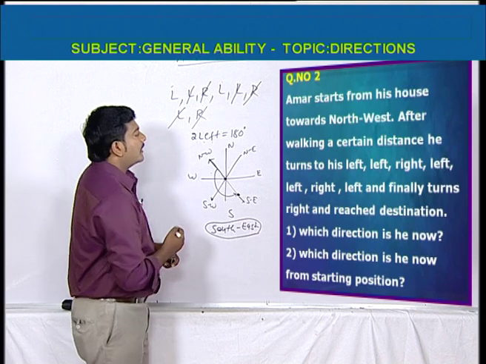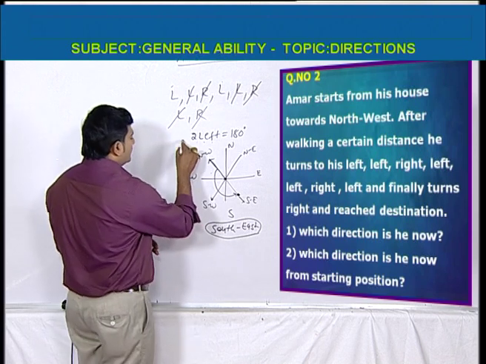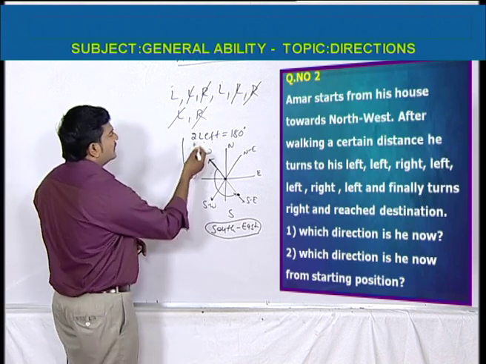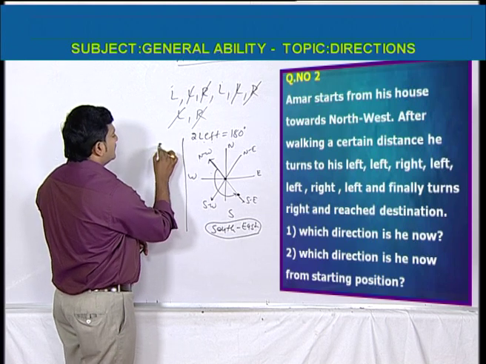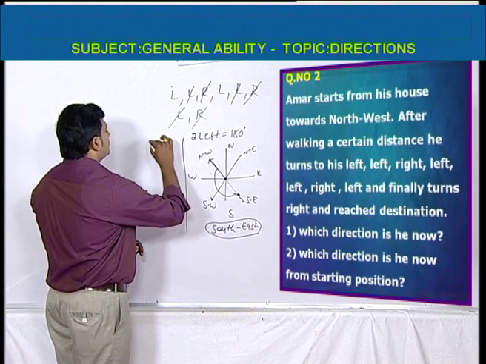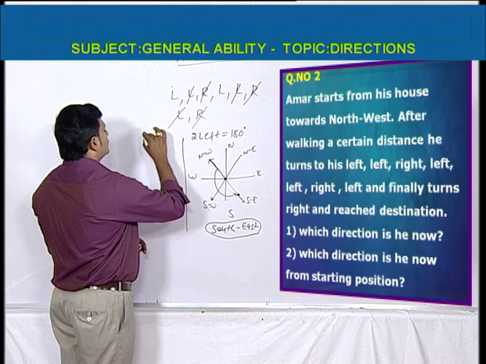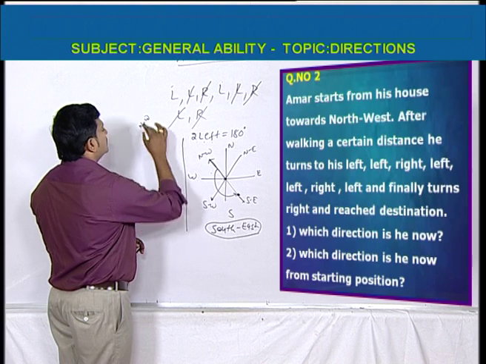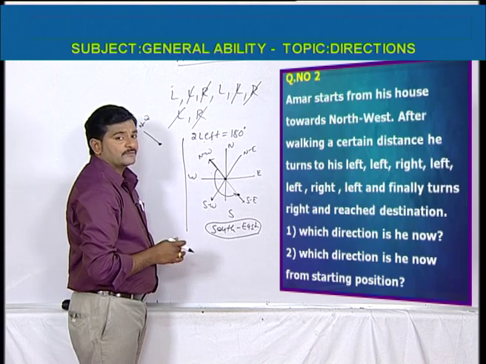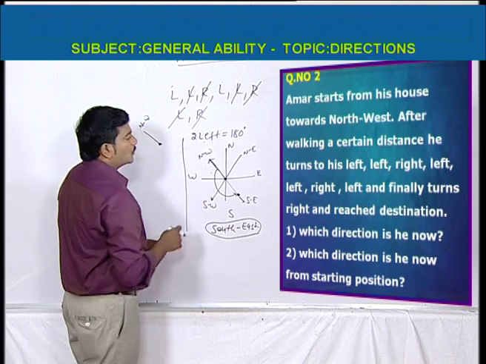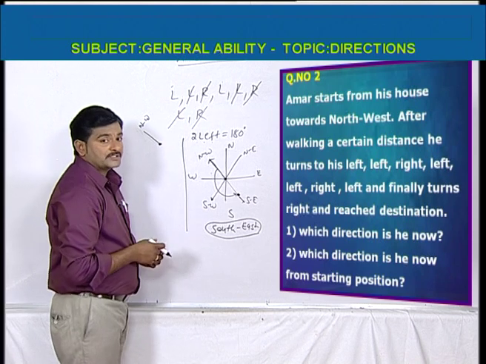For that, we need to take one more logical concept. First, Amar is walking towards which direction? First he is walking towards the northwest direction, right? There is no issue with that. How many lefts are left here? 2 lefts. 1 left is equal to how much? 90.